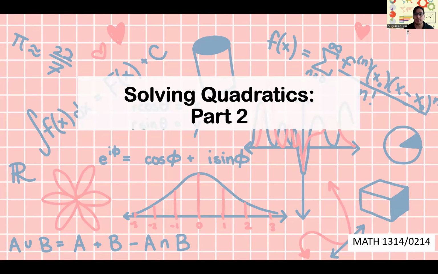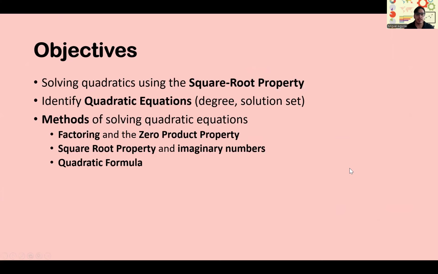Okay, so the objectives for this PowerPoint are just to get us through understanding the square root property so that we can move on to using our final method for solving quadratic equations, which is the quadratic formula.